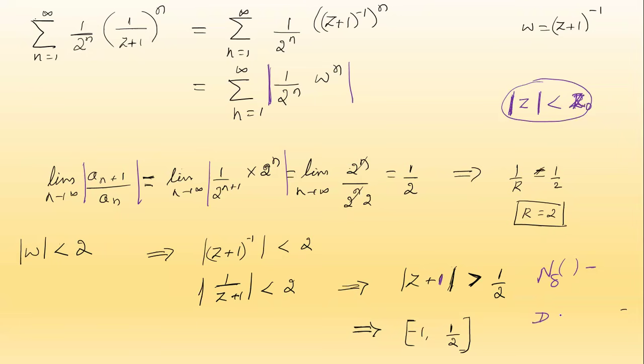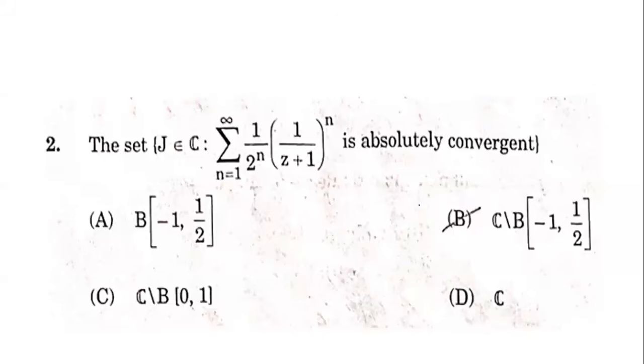Here C is given, so C minus the point minus 1, and 1 by 2. Except this point, this is absolutely convergent. Where is the option? Option B, C minus this point, is absolutely convergent. Therefore, option B is the right answer.